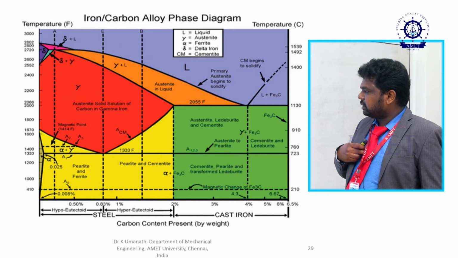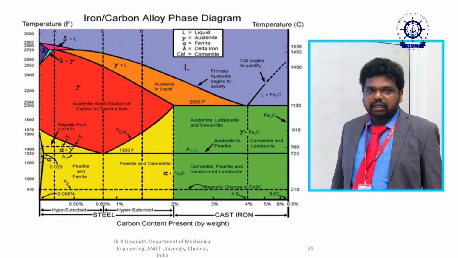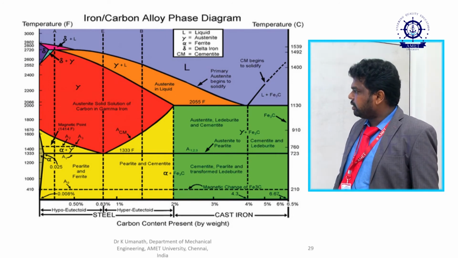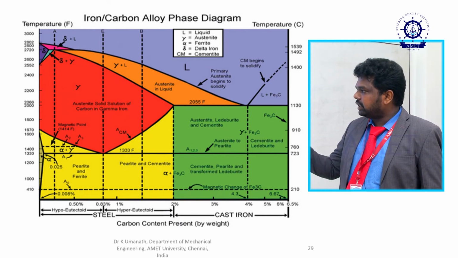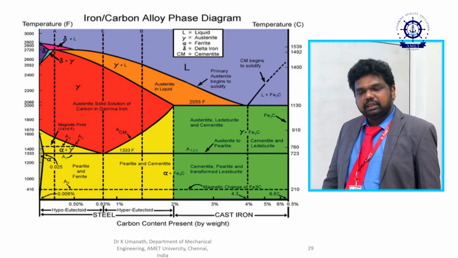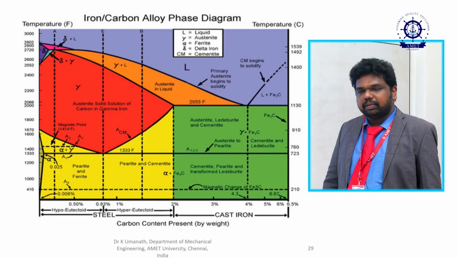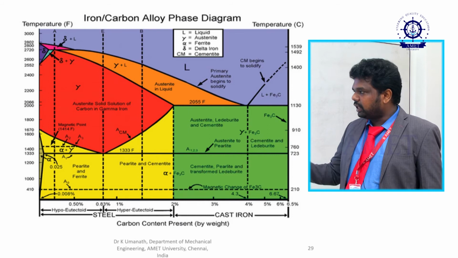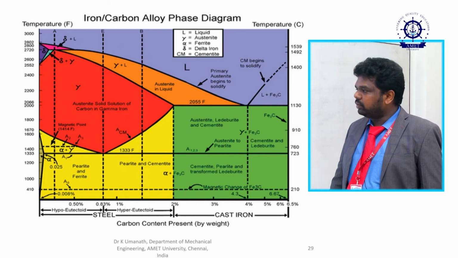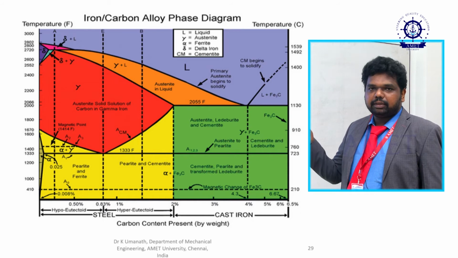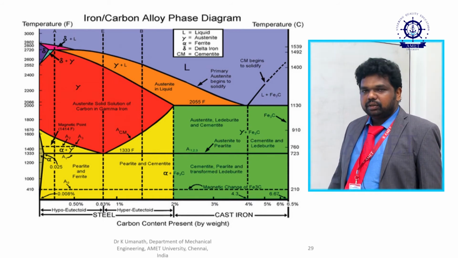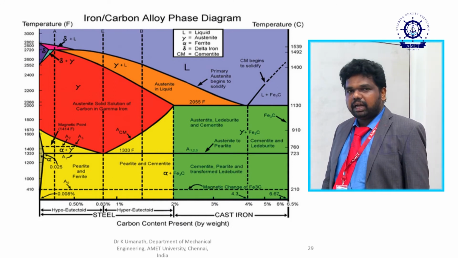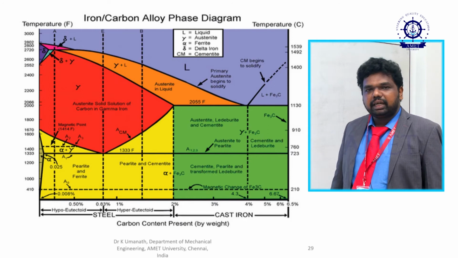Another thing: three kinds of reactions are very important for the iron carbon diagram. One is the eutectoid reaction. The eutectoid reaction occurs at 723 degrees centigrade at 0.83 percent carbon. At this point one solid is transformed into two solids: gamma is transformed into alpha, that is ferrite, and cementite Fe3C.